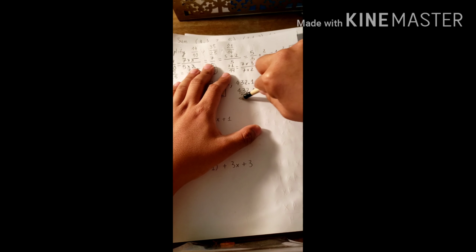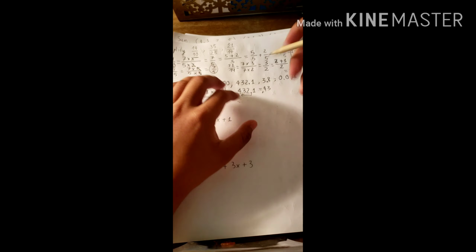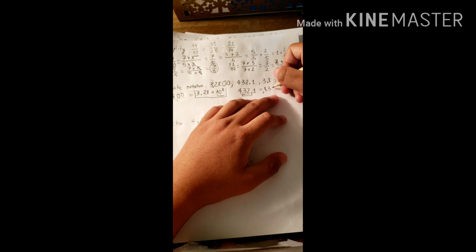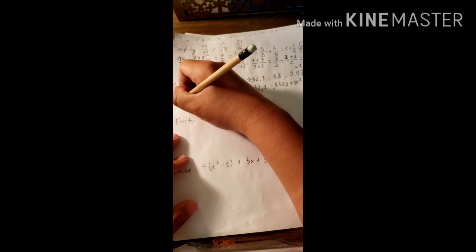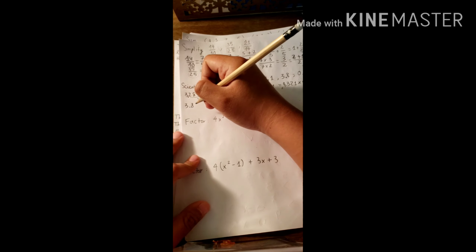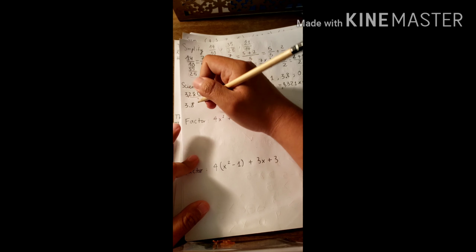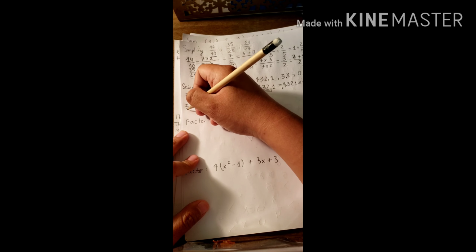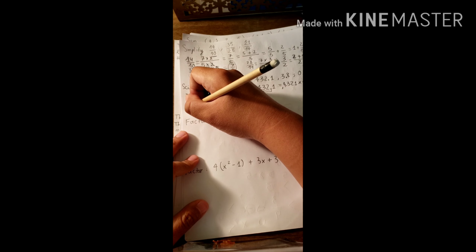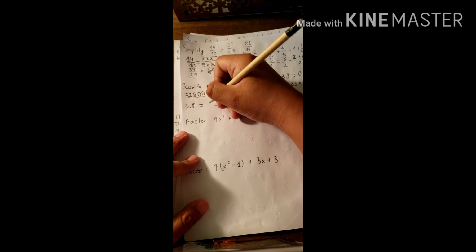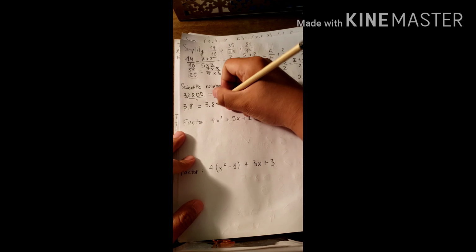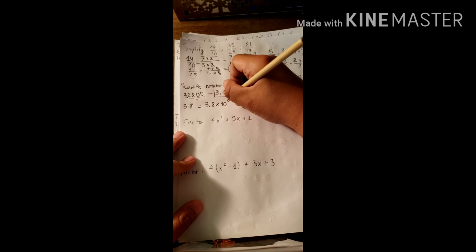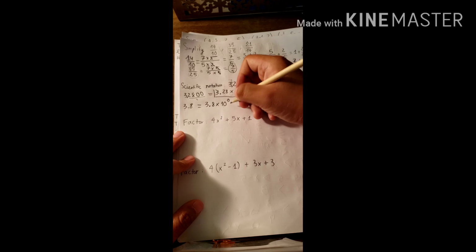So we need to multiply by 10 power 2. So that we have the scientific notation. The next one is 3.8. In here, the decimal is already after the first number, so we don't need to do anything. We just write it like this, and we can put 10 power 0 because 10 power 0 is 1.